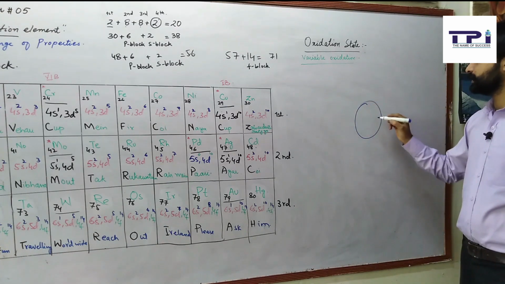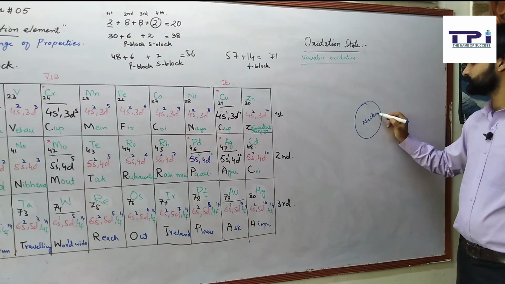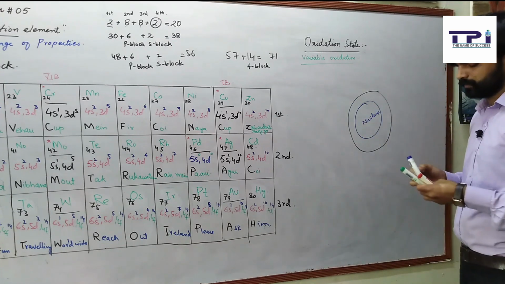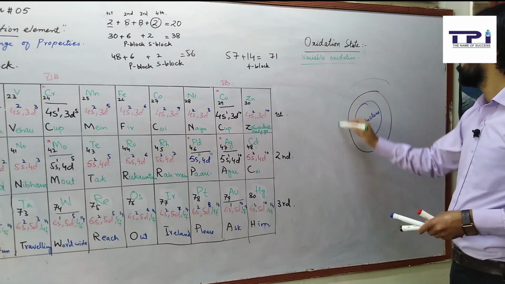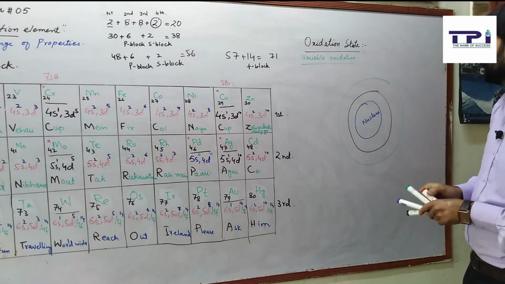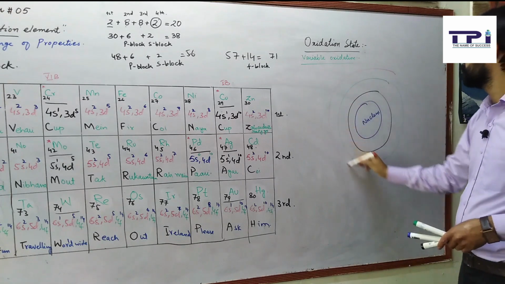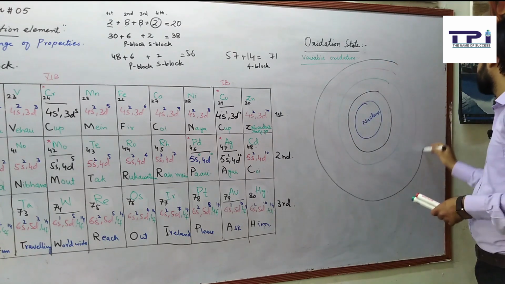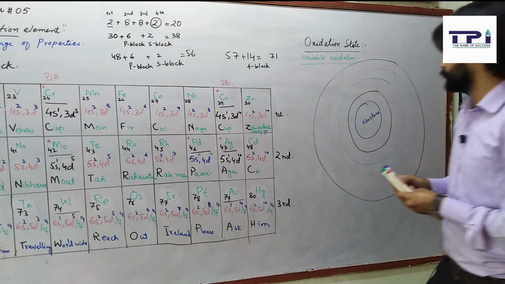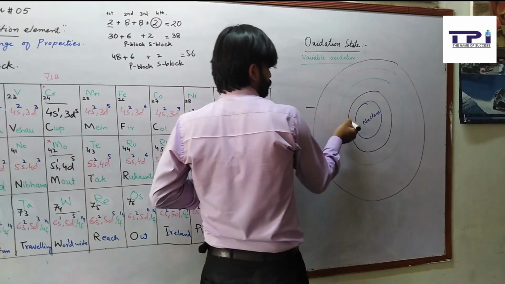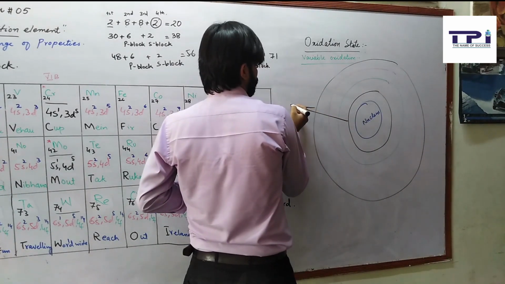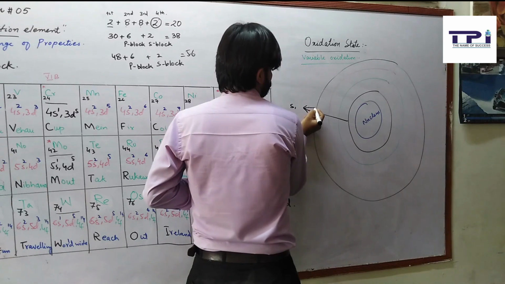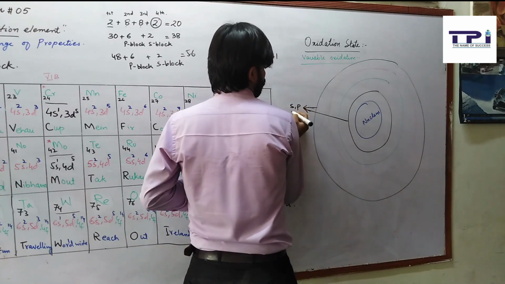This is your atom's nucleus, right? This is your inner shell, one of the outer shell, then another shell, and one more shell. This is your outermost valence shell, as this black line will tell you S or P orbit, right?